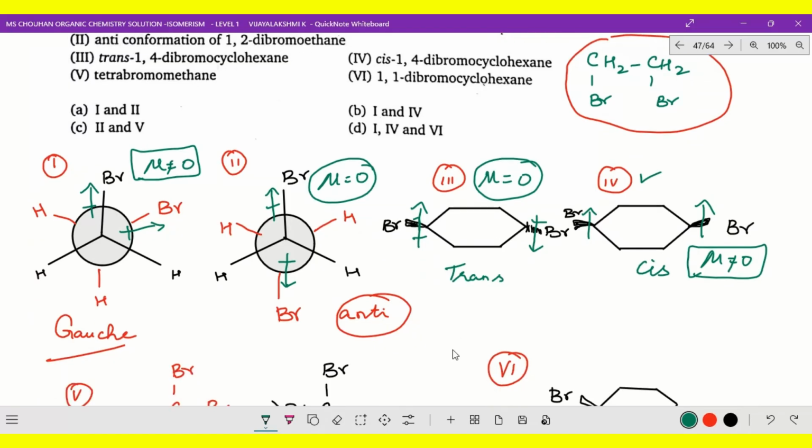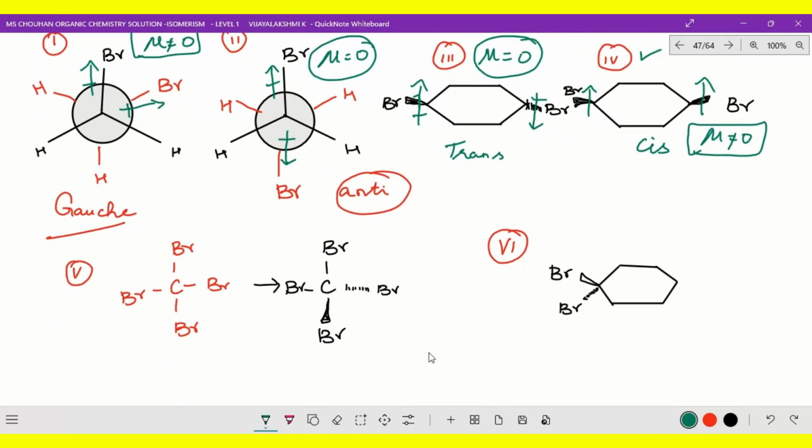And the fifth one they are giving is tetrabromoethane, right? One goes above the plane and the other below the plane, so mu is equal to 0.